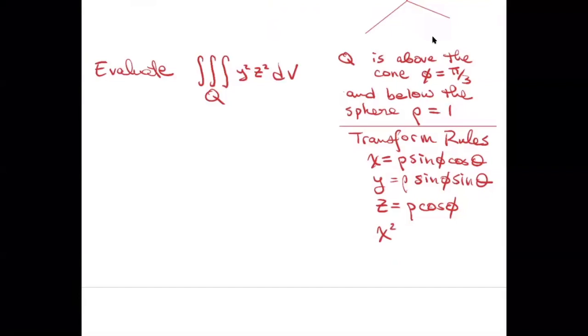We do know x squared plus y squared plus z squared is rho squared. That's just the Pythagorean theorem in 3D. And also dV is rho squared sine phi d rho d phi d theta.